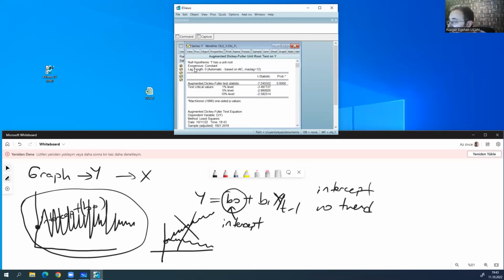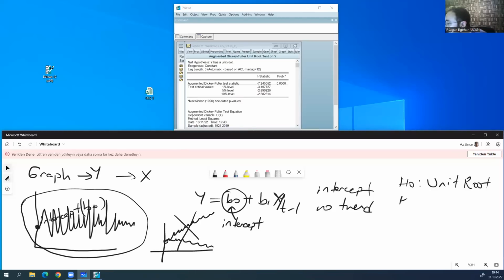Now we see that our null hypothesis is H0: Y has a unit root. And alternative hypothesis is Y is stationary.